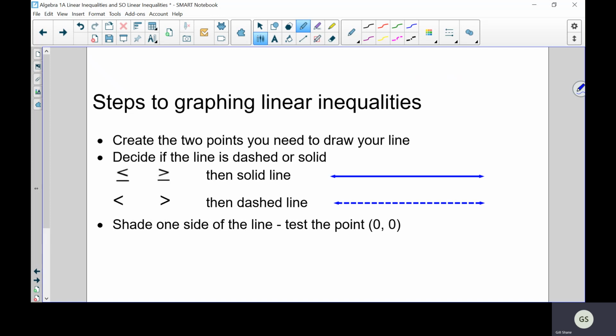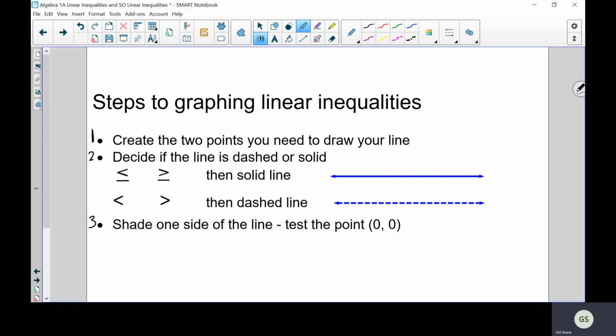All right, so I'm imagining you're pretty close to done, if not done. So these are the 3 steps you're using today and on the exit ticket. The first step is really multiple steps, but we've done it a whole lot, so I only made it 1 today. So when I graph in a minute, I'm following these 3 things.